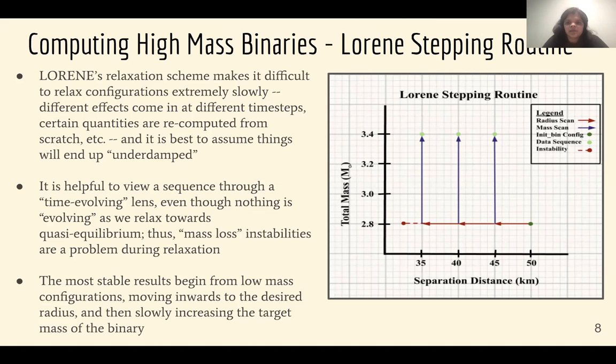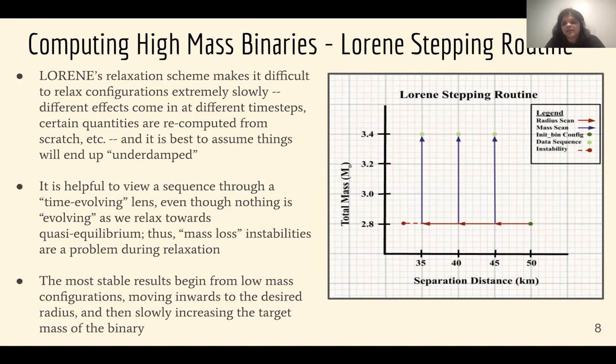So what we did is we built a mass stepping scheme in which we start at 50 kilometers. For example, we would start the configuration at 50 kilometers at low mass, and then decrease the distance between the stars to 45 in steps of 5, and slowly increase the baryon mass by using the stable configuration from the previous mass step.